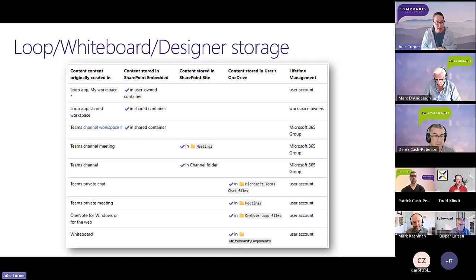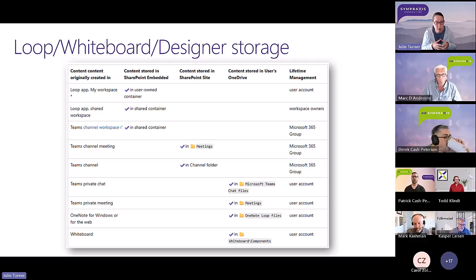It's a very robust way for us to work in real time in conjunction with each other. And those artifacts have to be stored somewhere, and where they're stored depends on where they're created and who they're created by.